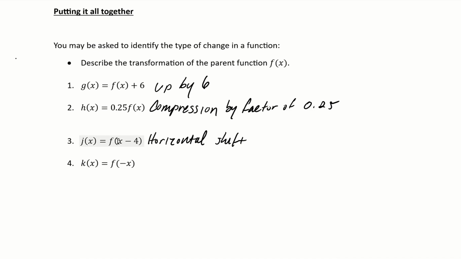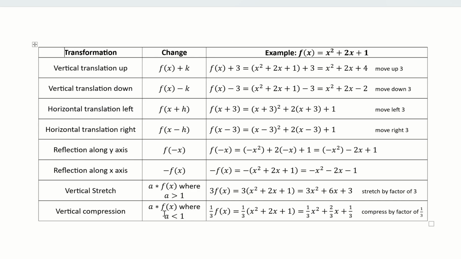F of the quantity x minus 4, we're going to be moving to the right by 4. And here we're looking at f of negative x. So when the negative is inside the parentheses, what we're looking at is a reflection along the y-axis.